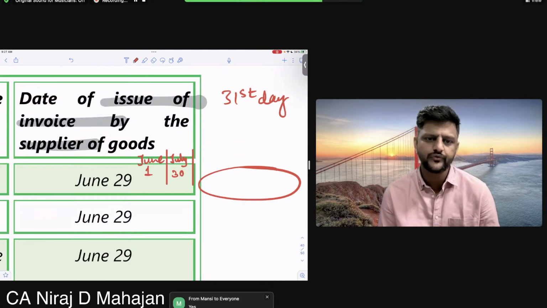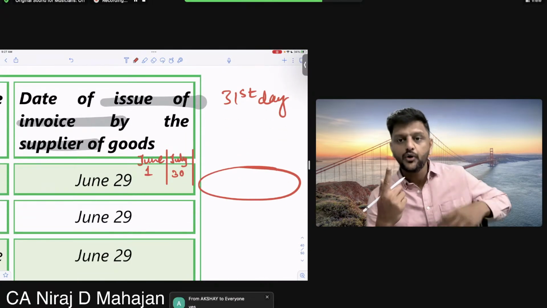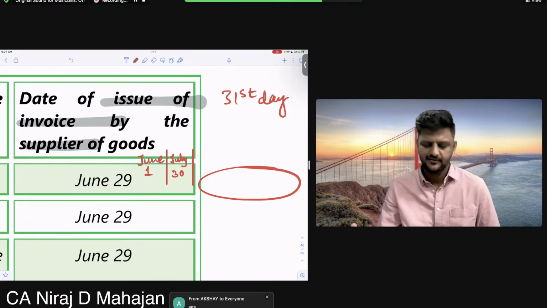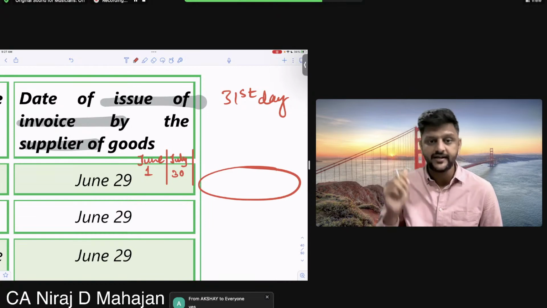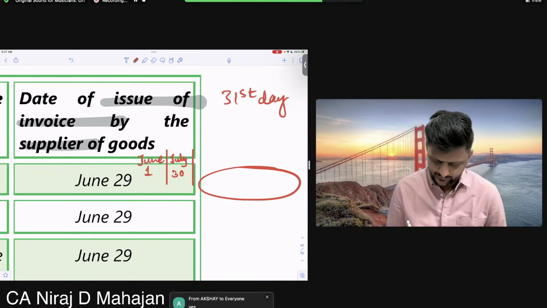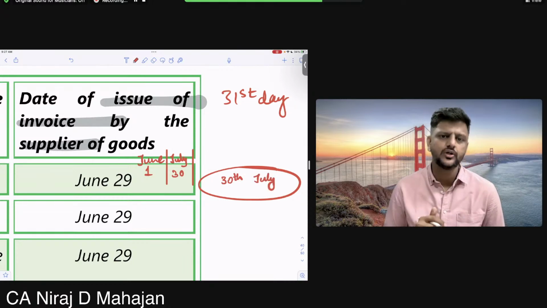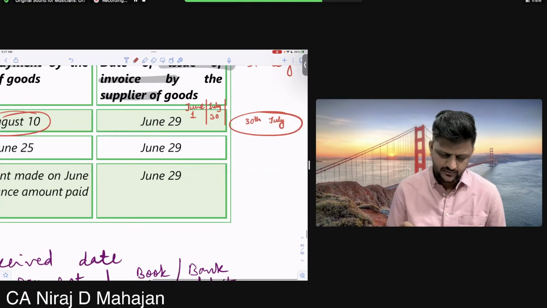So how many days of June do we get? One day only. I want the total 31st day, so of July I'll take 30 days only. So what is the 31st day? 30th July. Agreed?